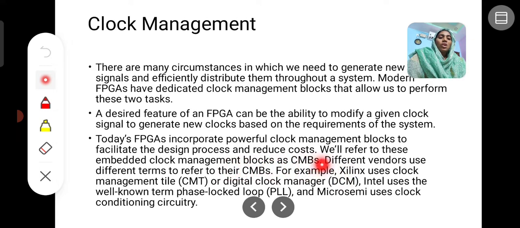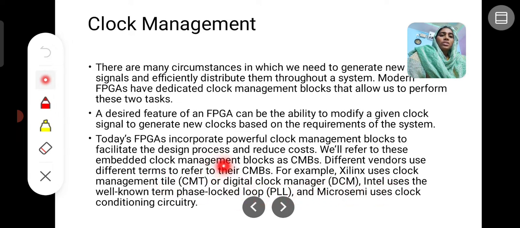Different vendors use different terms to refer to their CMBs. For example, Xilinx uses clock management tile or digital clock manager, Intel uses the well-known term phase locked loop, and Microsemi uses clock conditioning circuits. So CMBs are known as CMTs in Xilinx, whereas Intel uses PLLs.